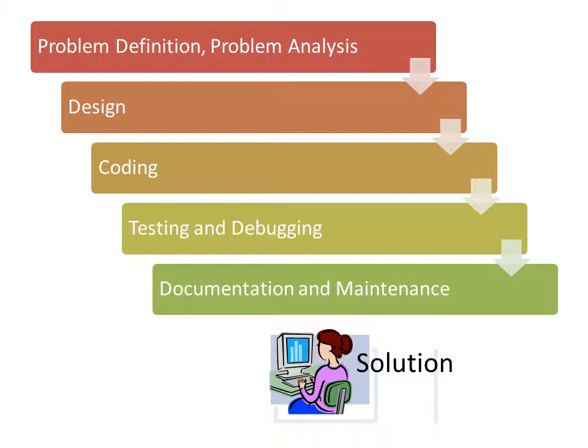And once the algorithm design process is over, we can enter into the coding stage. So the coding completely depends on the design, and after completing the coding, you have to test your code and debug if there are any errors, and finally you can document the code and maintain the code. So the solution completely depends on all the 7 steps.